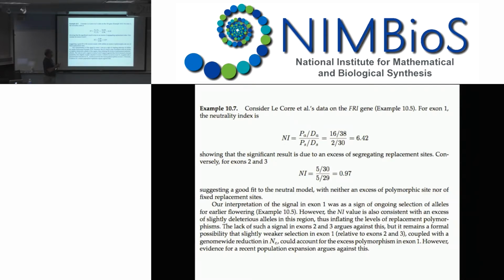But in general, you take your comparison, a neutrality index bigger than 1 usually means you've got deleterious segregating alleles, because McDonald-Kreitman basically assumes that if you're deleterious at all, you get knocked out. You don't see it. If you're weakly deleterious, you contribute to low-frequency polymorphism, but not to divergence between species.